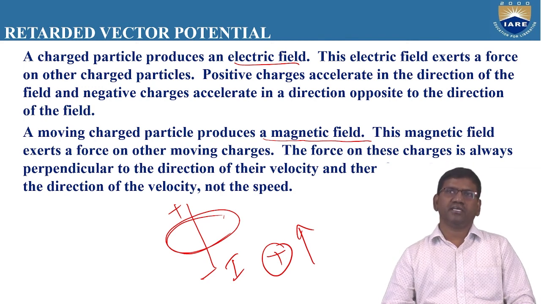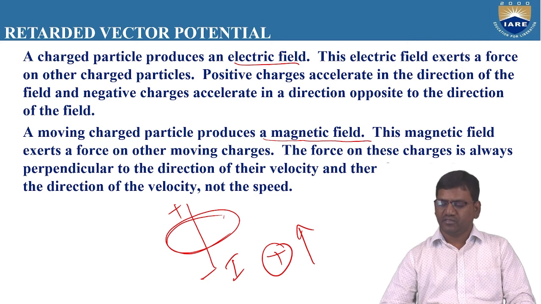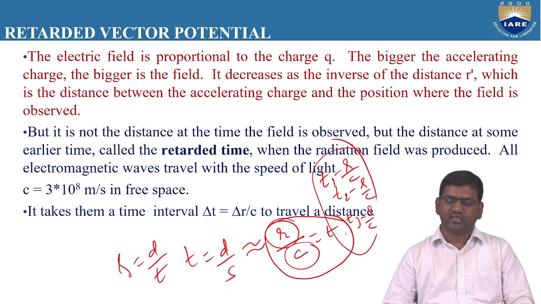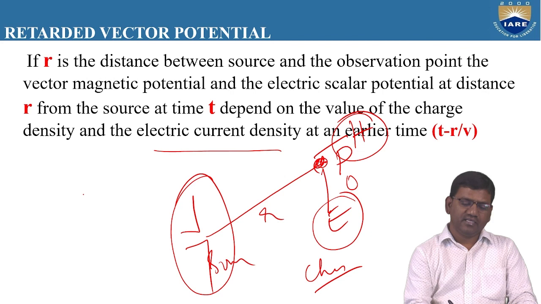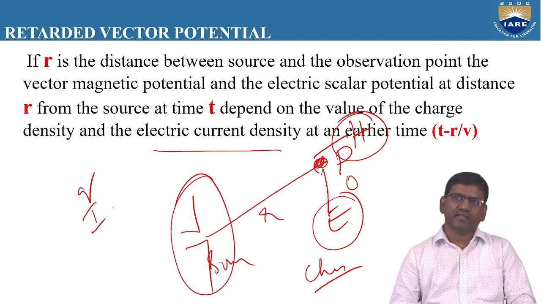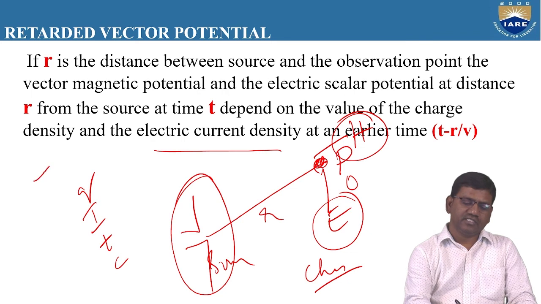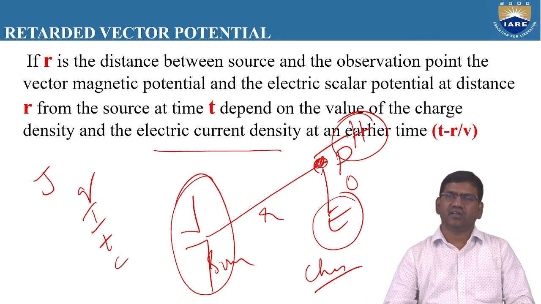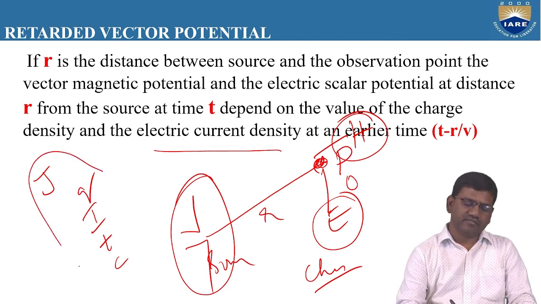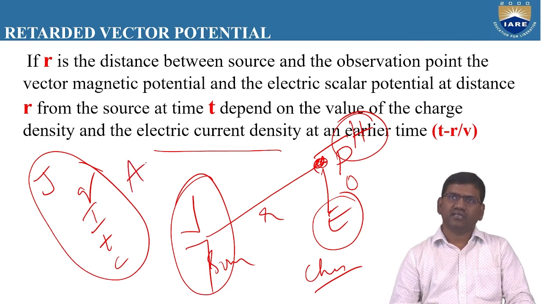That means we need to find out the electric potential and the magnetic potential at a distant point P. We can find these potentials in the form of expressions by considering some quantities like the charge Q, the current supply given, and the time taken by the signal to reach the distant point P. We need to consider the velocity of the electromagnetic wave and the current density along the conductor, J. And we are going to apply some Maxwell's equations to find the electric scalar potential and the magnetic vector potential.